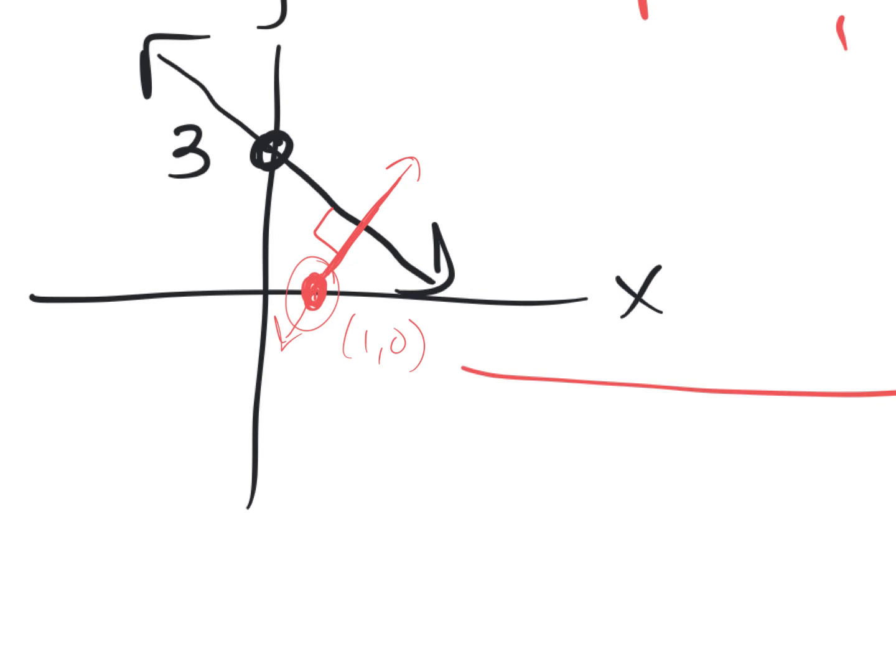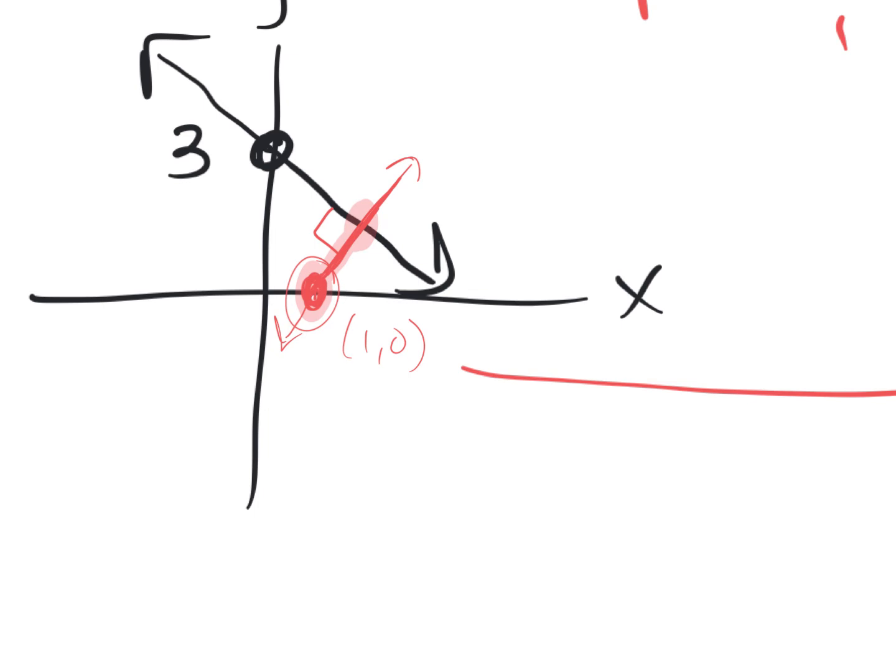We were asked to find the distance from this point to this line. We know one of the points, but we don't know this point. Do you guys agree? We can't guess it. It has to be exact.